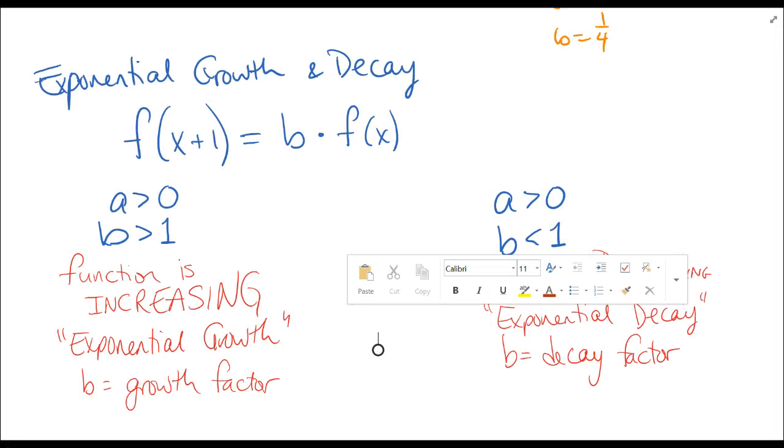Now we're ready to talk about the idea of exponential growth and decay. From that table, you saw that as the base was, you'd call it a whole number or something big, then you get growth. And when it's a fraction, you get decay. So let's write this out as a little bit more of a scientific mathematical expression. And this is what we get.